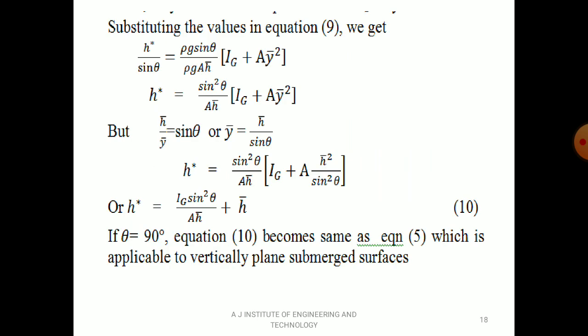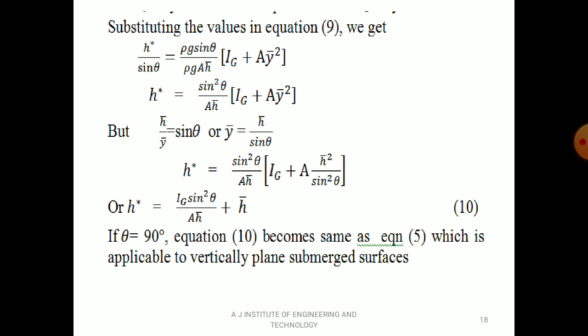Next, substituting the values in equation 9, we get H star divided by sin theta, that is for Y star, equal to rho g sin theta divided by rho g into A into H bar, into Ig plus A Y bar square. This is Ig plus A Y bar square in place of I naught. So H star equal to sin square theta divided by A H bar into Ig plus A Y bar square.